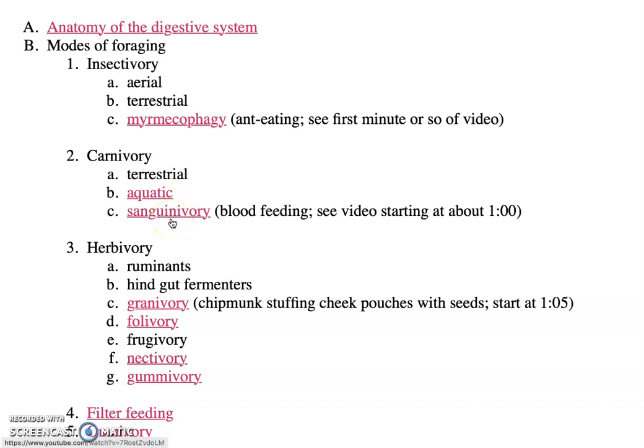Then finally, we have, again, a very specialized form of carnivory, which is sanguinivory, and that refers to blood feeding. We only have one kind of mammal that feeds exclusively on blood, and that's the vampire bat. And if you want to see a cool video about how vampire bats feed and some of the specializations that are involved with vampire bat blood feeding, you can consult the video.